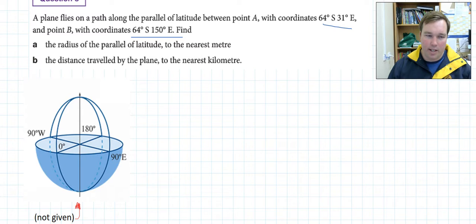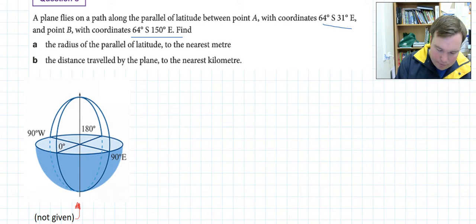So now, they wouldn't give you a sketch like this, but I think it's worth drawing out approximately where these places are. 64 south, it's quite a long way south. 64 south, 31 east would be here-ish. Then we want 64 south, 150 east is round there. Now note, it's on this same small circle. And we're eventually asked in part B to find the distance around the circle between those 2 points.